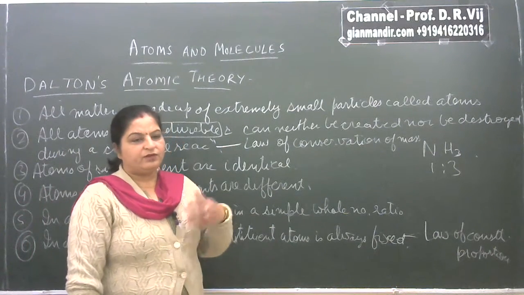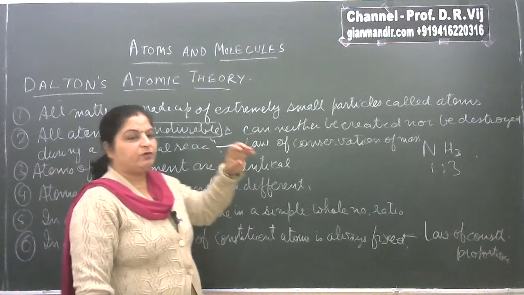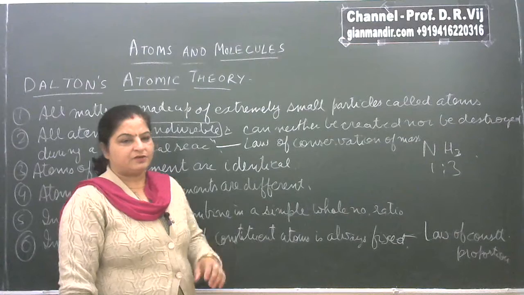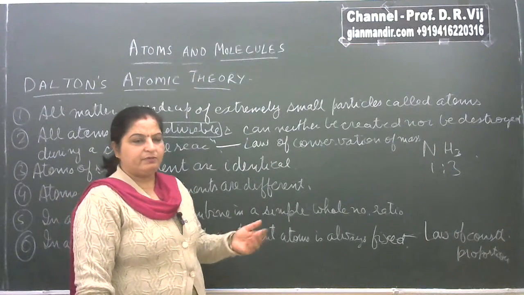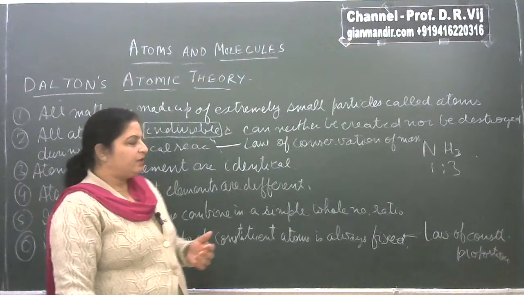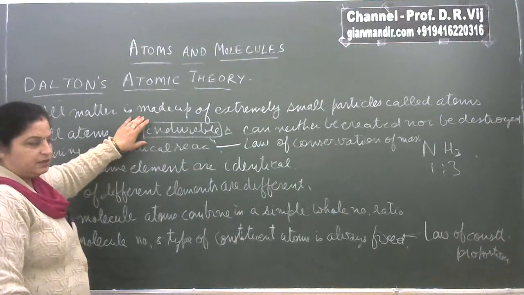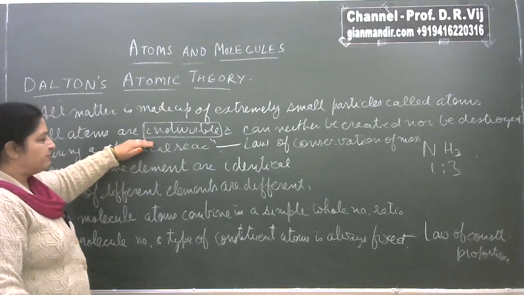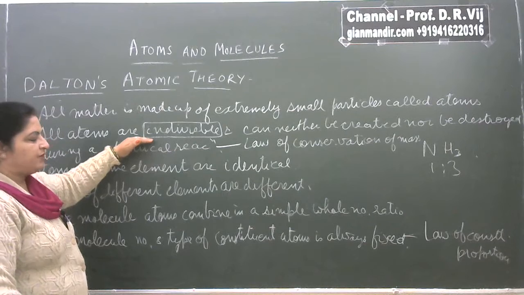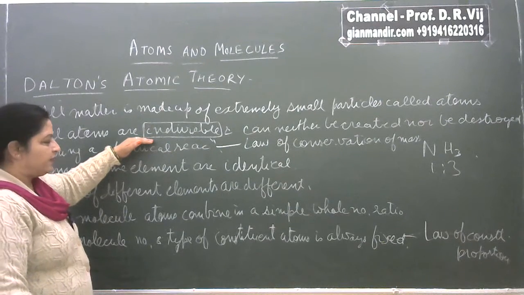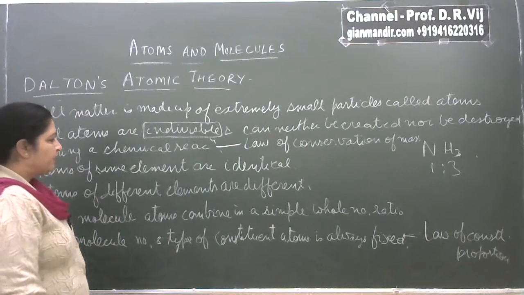No. Further studies show that atoms are further broken down into smaller subatomic particles like electrons, protons and neutrons, about which we will be discussing later on. So the discovery of electrons, protons and neutrons puts a question mark on the indivisibility of the atom. So now we can say that after the discovery of these subatomic particles, atoms are no more indivisible, right?